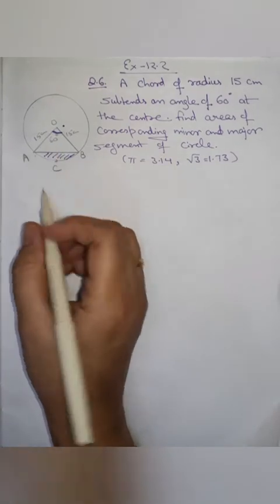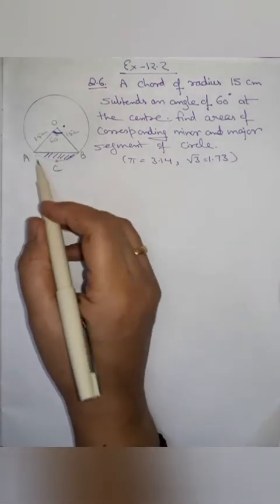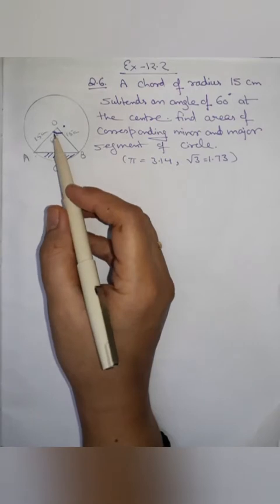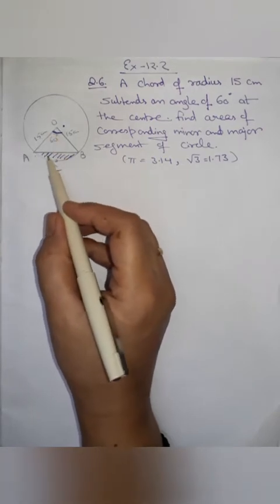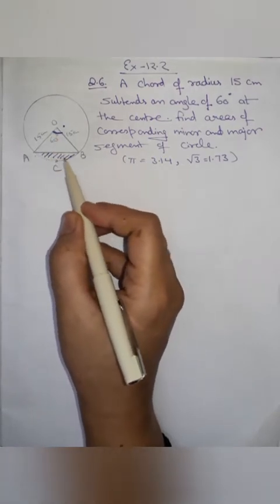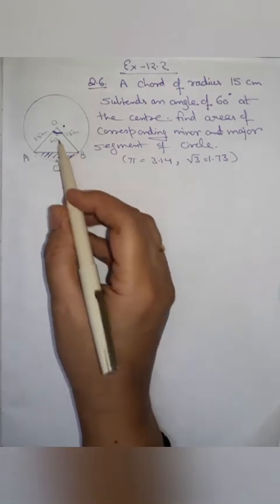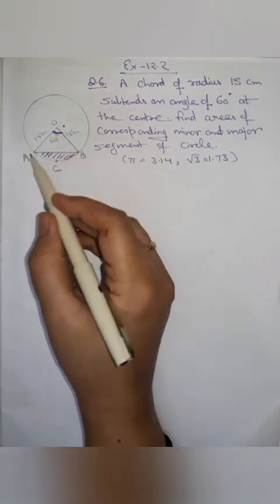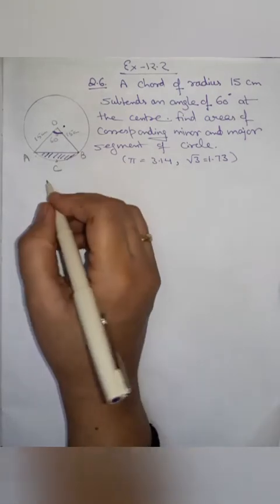So to find the area of minor segment, we know the formula. The area of minor segment, this much which I am shading, will be equal to area of sector minus area of triangle.